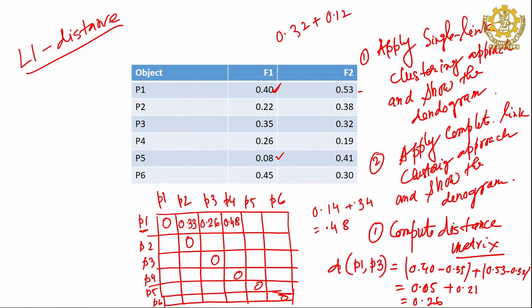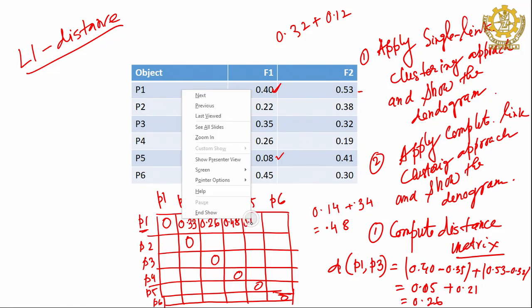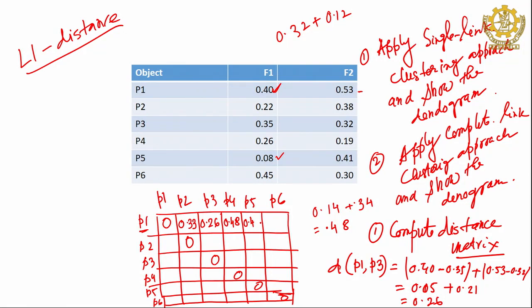So, this will be 0.42. Next is P1 P6. P1 P6 is 0.05 plus 0.23.